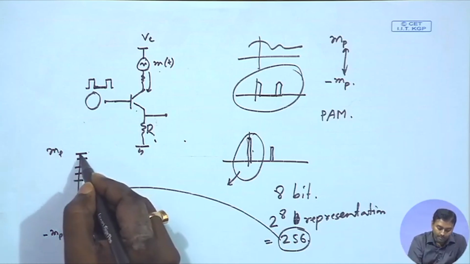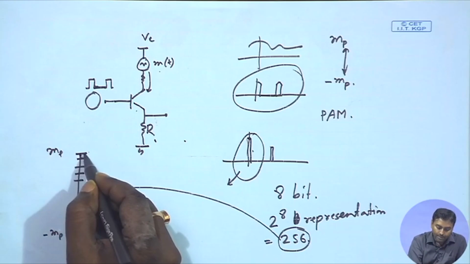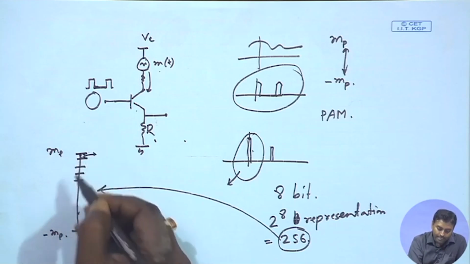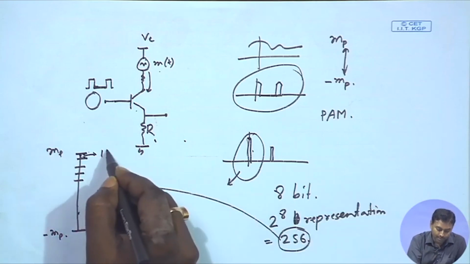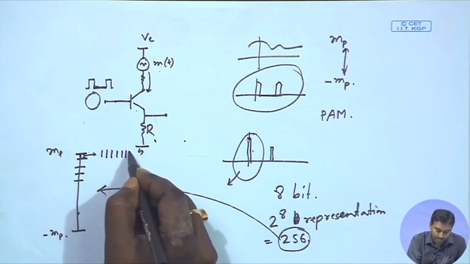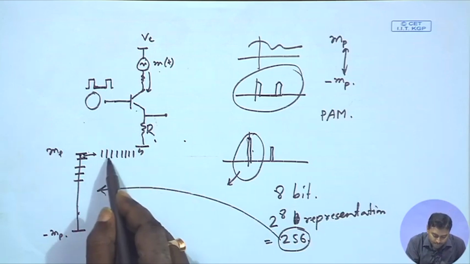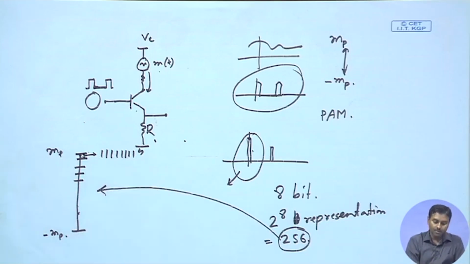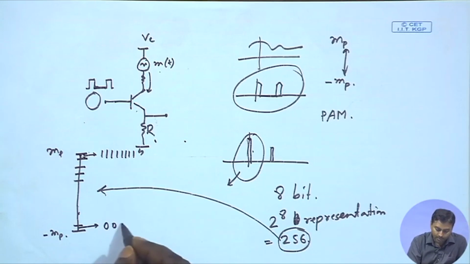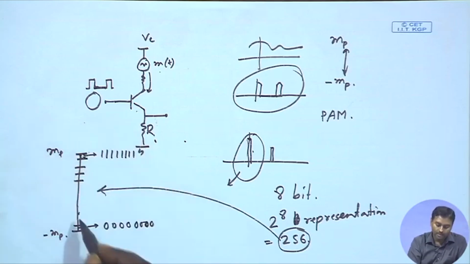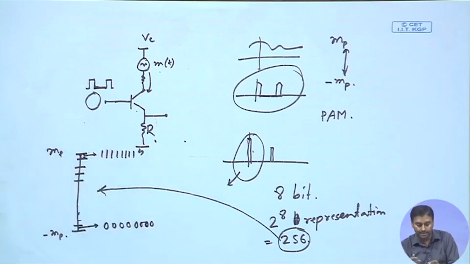So, if the signal happens to be within this range, this entire range can be represented with a unique binary code, let us say all 1s, so 8 ones. Like this one can be represented with all 0s, and so on. Every interval can have a unique representation.